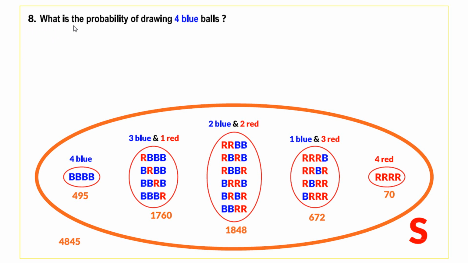Question number 8. What is the probability of drawing 4 blue balls? So here we have 4 blue balls with 495 possible outcomes. We divide that over the total number of elements in the sample space, and we get its probability.